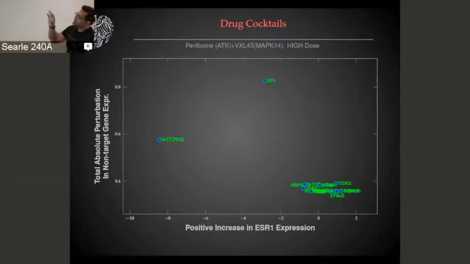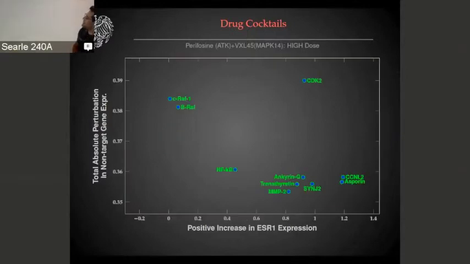So if you look at all these different druggable targets and see whether that increases, say, ESR1 expression, that is not that difficult. If you have some gene inhibiting ESR1 expression, you take that out, of course, that will increase it. The non-trivial part of the problem is the y-axis, where you have to minimize the effect on the rest of the network. If you could just increase ESR1 without affecting anything else, that would be great. So can we do that?